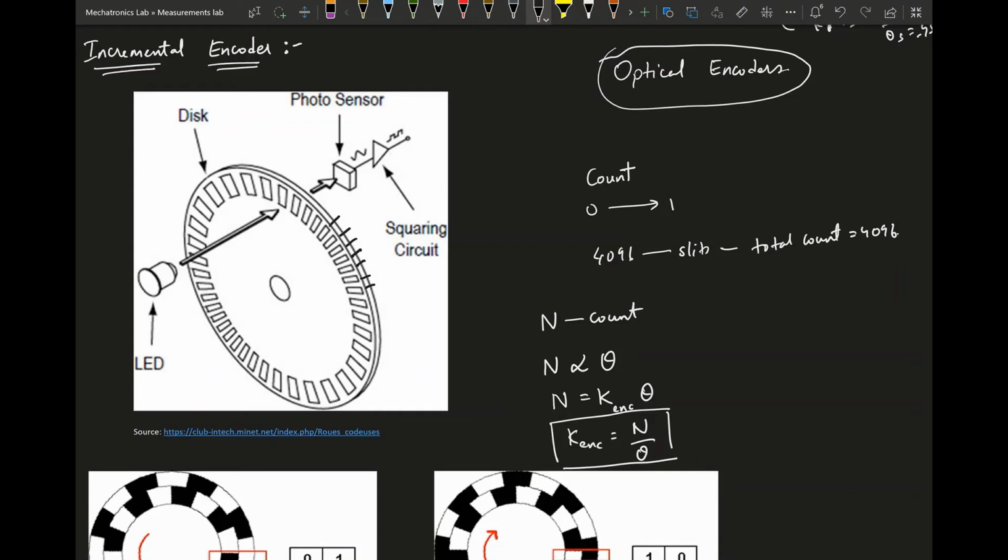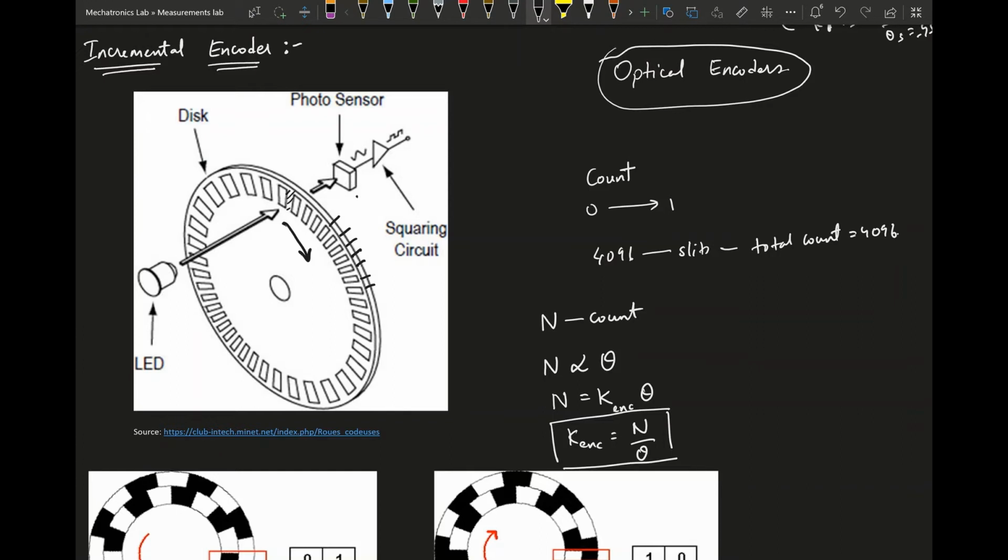So you'll have an LED on one side of the disk and a photo sensor on the other side of the disk. So the photo sensor can be a photo transistor, photo resistor, or any kind of photo sensor. So what happens is when you rotate the disk, the photo sensor will detect the light once, and if it gets blocked by the disk, it won't detect the light.